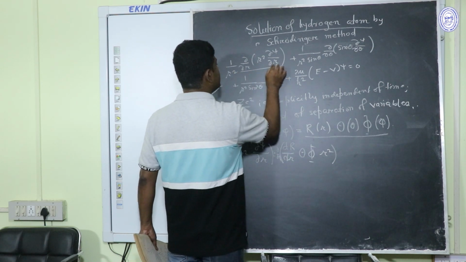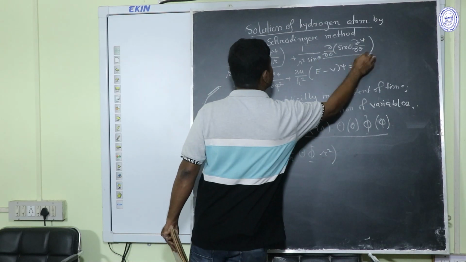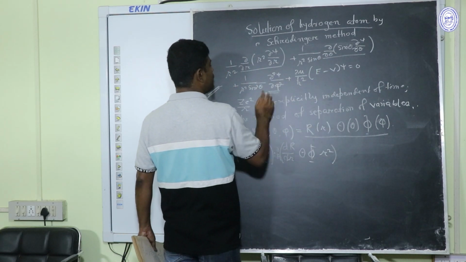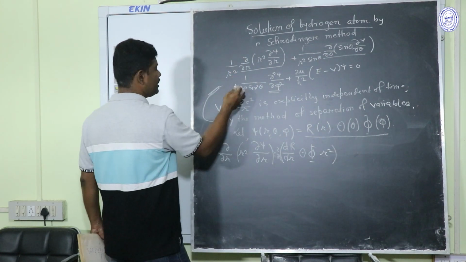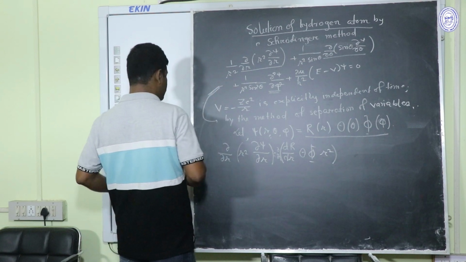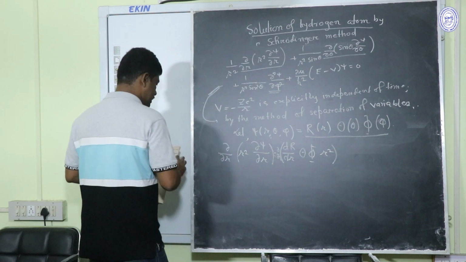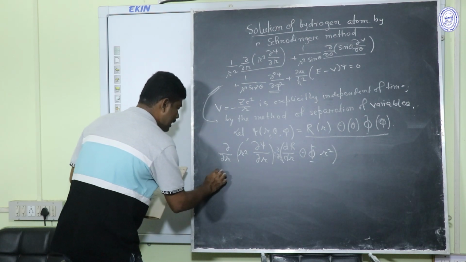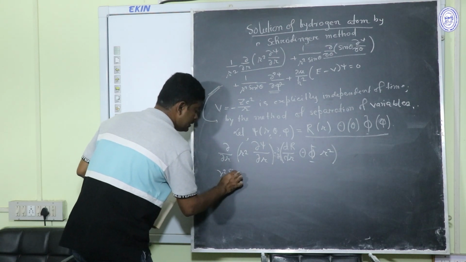So we can get this term. Similarly, we can also find the other two terms, and when we put these three terms in this equation, and divide it by r square sin theta.